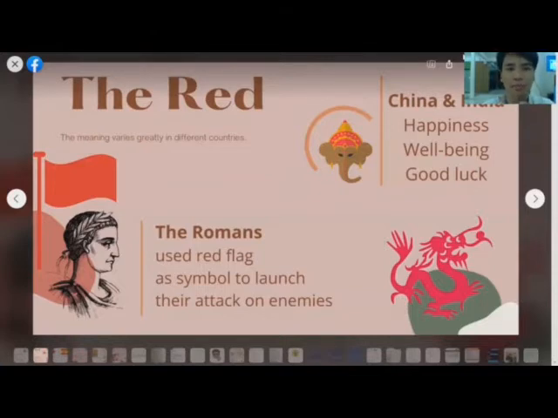But Europeans believe that red is a war color, as in the past, the Romans used a red flag as a symbol to warn of their attacks on the enemy, including indicating danger. This may come from the familiarity of the sun's heat, lava from volcanic activity, or forest fire.